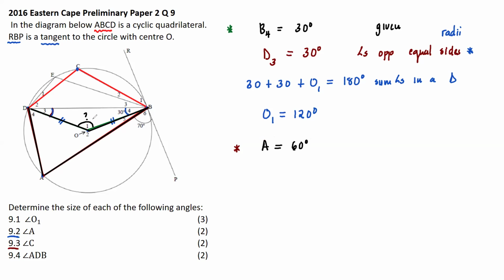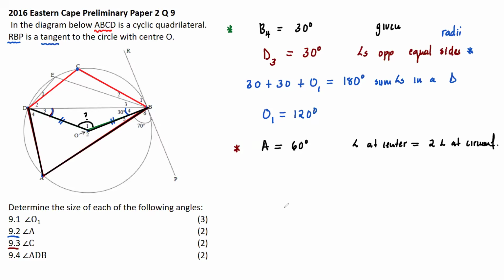Remember, O1 is 120. Angle at center, your reason, angle at center is twice the angle at circumference. You are allowed to write it in this shorthand. This is the shorthand that is ultimately allowed right there.